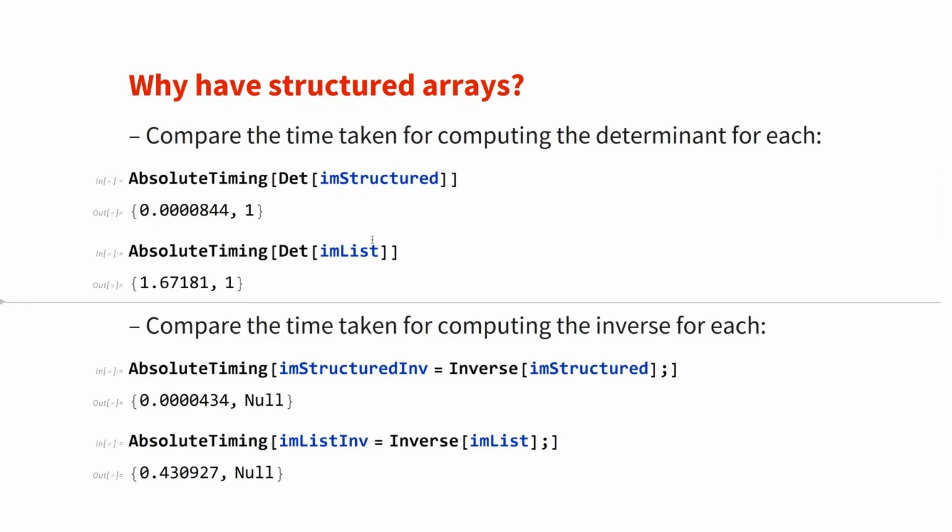So clearly structures are important in this particular case. Or if you compute the inverse, well, the inverse of the identity matrix is again itself. So that's quick, and the list version is much, much slower. And of course, if you go to higher dimensions, things get much better or worse depending upon whether you're using structured versions or the dense versions.